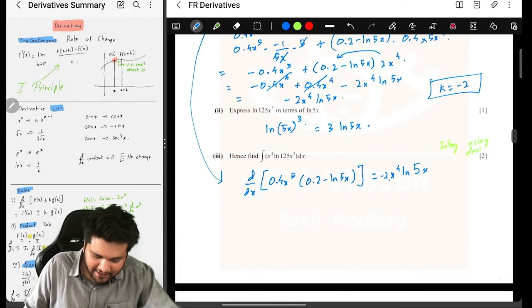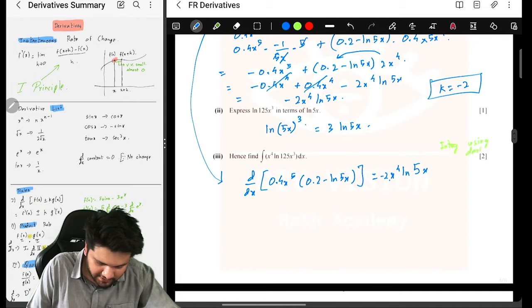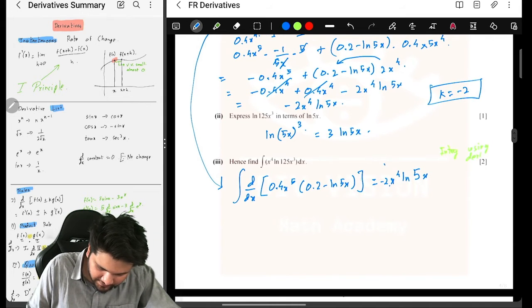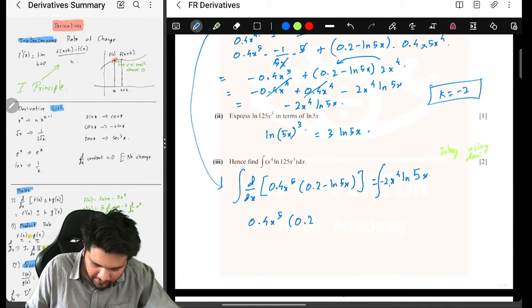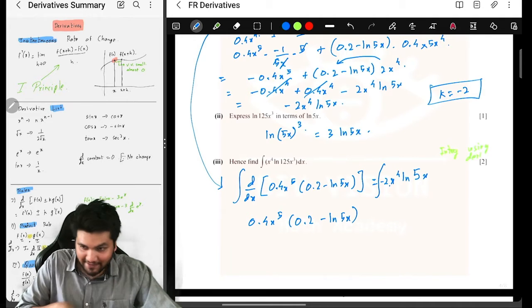Now if I integrate both sides, just pay attention, the integral and d by dx are there, so this will be as it is, which is 0.4x to the power of 5 (0.2 minus ln 5x). It's like the integral of a derivative, so it's going to be the same thing.